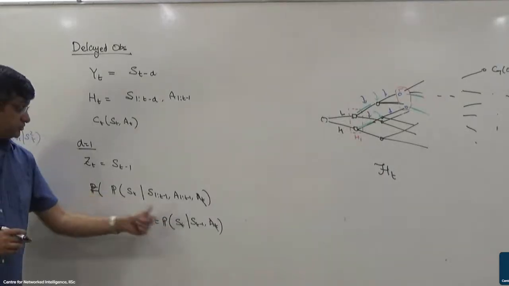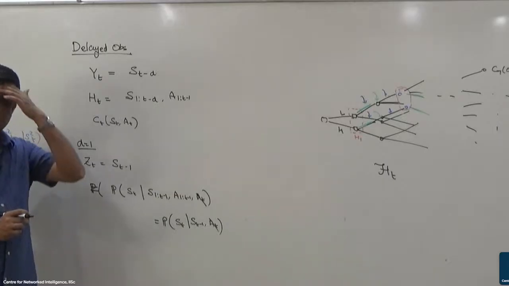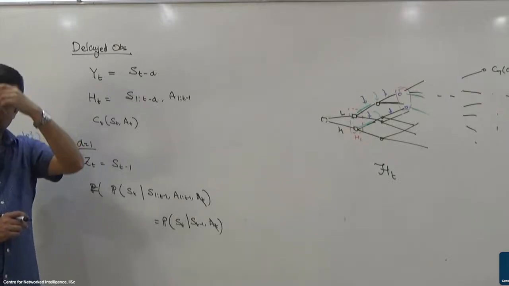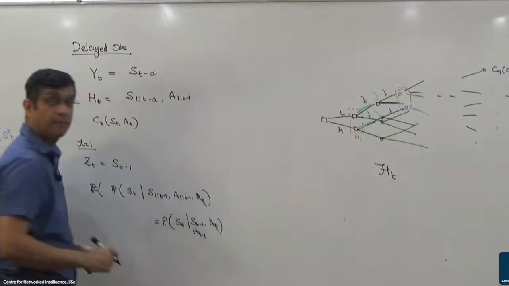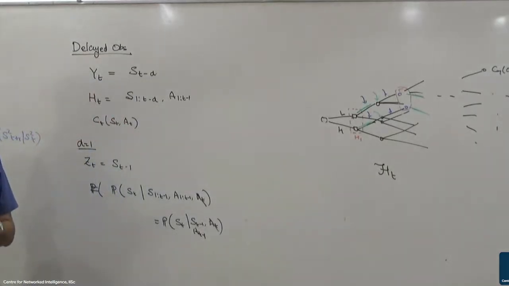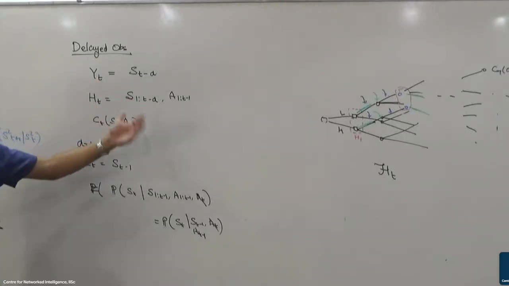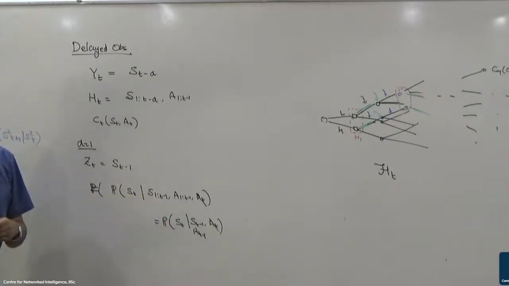Is this statement true? I need A t minus 1 as well. I just can't take the last state because I have acted in the world. I need to know how I acted in order to compute the distribution of the current state.